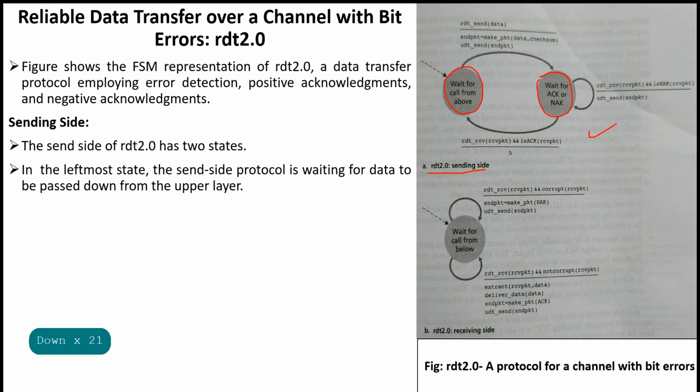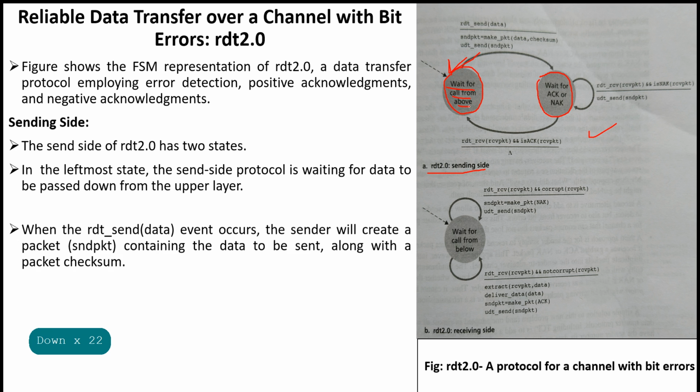In the leftmost state, that is this state, the send side protocol is waiting for data to be passed down from the upper layer. See here, wait for call from above.